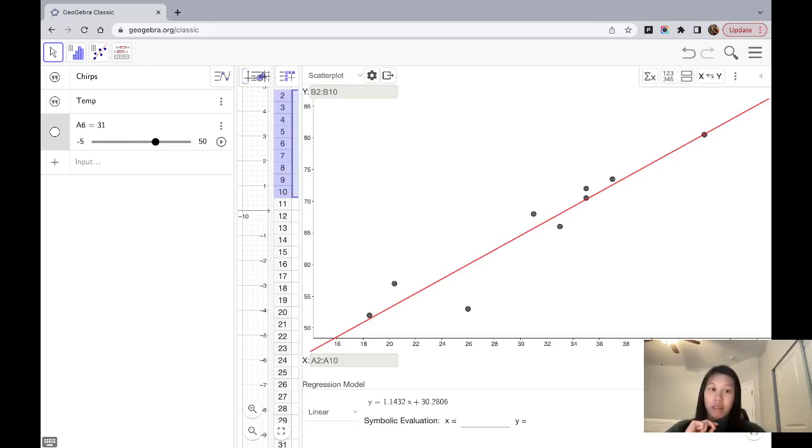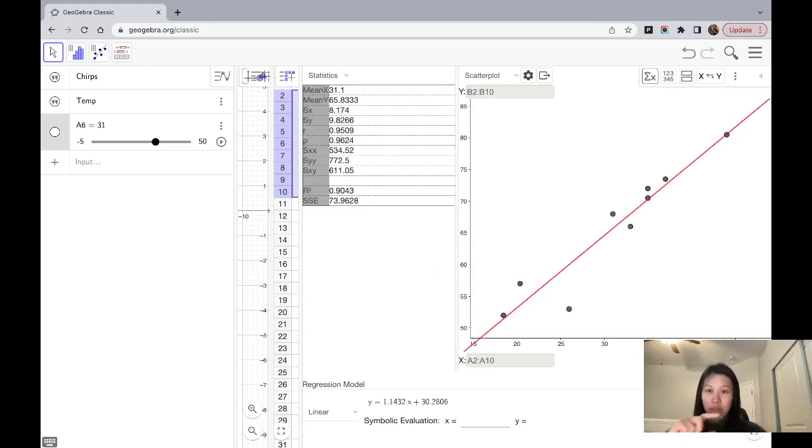Okay, but this is not the nicest thing. On your right corner, do you see this Greek letter sigma x? This shows you the statistics related to the data that we have. If you press this, it will tell you that the mean of x is 31.1, so the average chirps that they recorded is 31, and the mean of y, which is the average temperature, is 65.83.